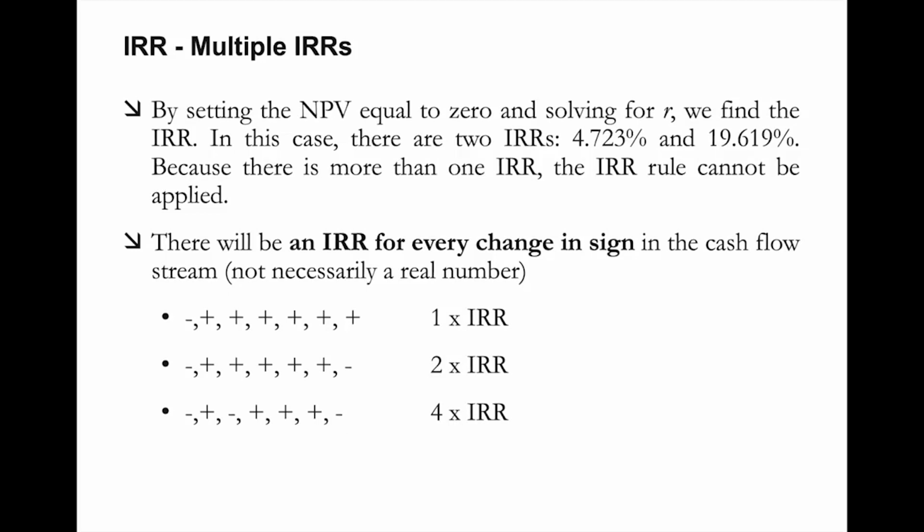So we're going to get more internal rates of return if our cash flows are changing signs, going from positive to negative, negative to positive. So bear that in mind.